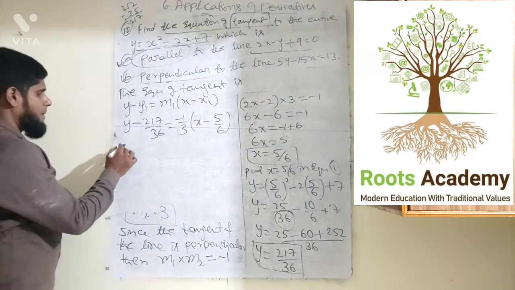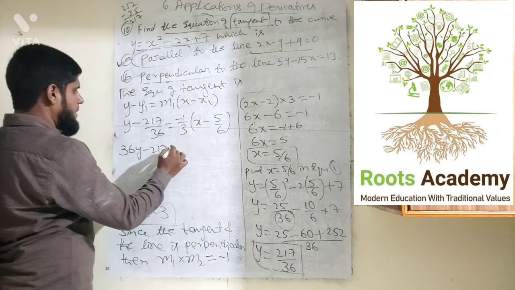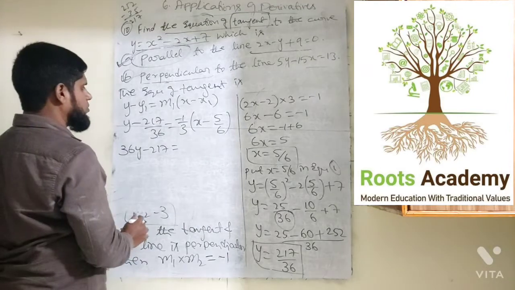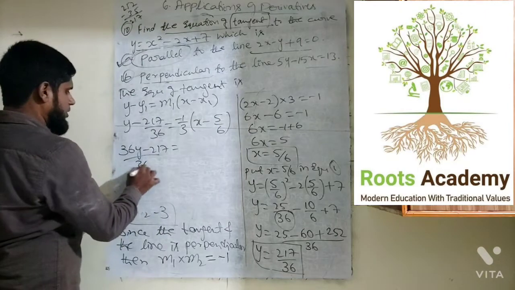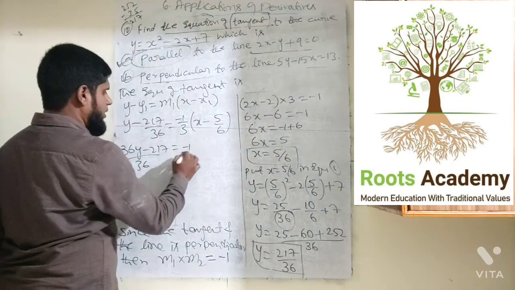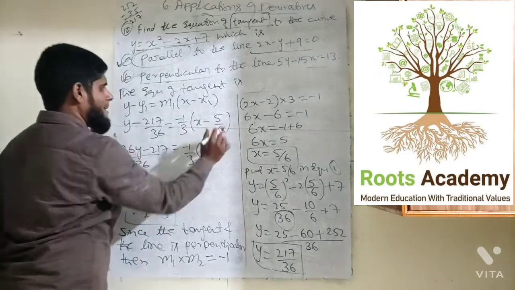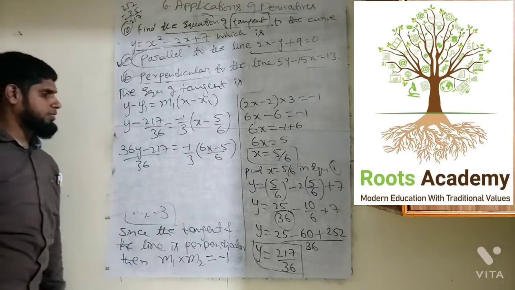So now this becomes 36y minus 217, divided by 36, is equal to minus 1 by 3 times 6x minus 5 by 6.